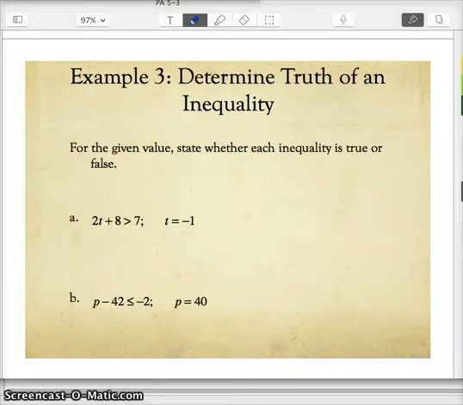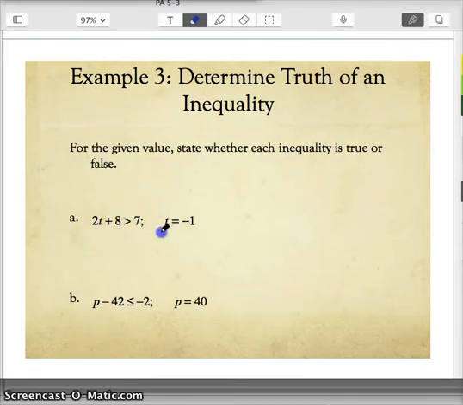Let's take a look at example 3. We're going to determine the truth of an inequality. For the given value, state whether each inequality is true or false. Let's look at part A. Part A has 2t plus 8 is greater than 7. Does this t value, if t were equal to -1, satisfy this situation? Let's check it out.